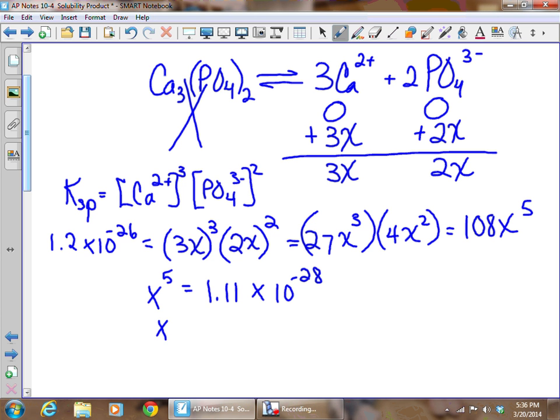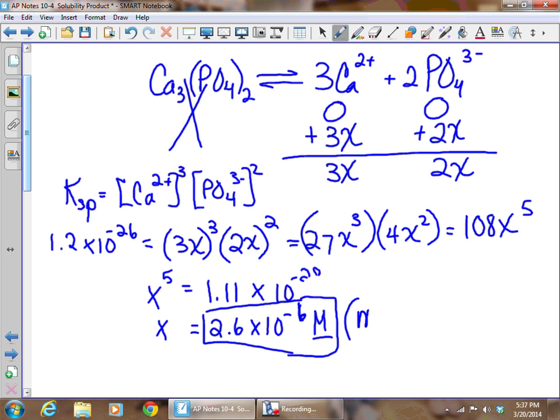Solving this for x, we get 2.6 times 10 to the negative 6th. And once again, reminding ourselves, that must have units of molarity, moles per liter. This is the molar solubility.